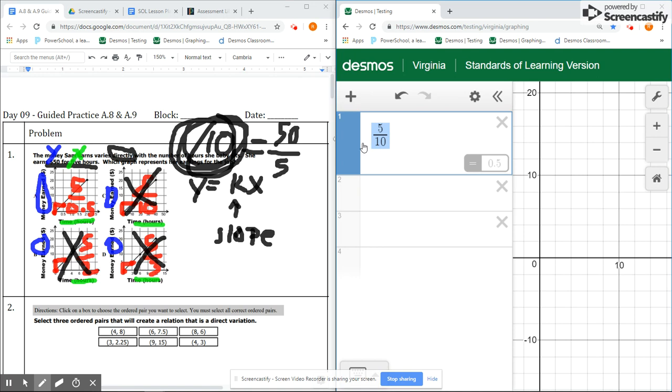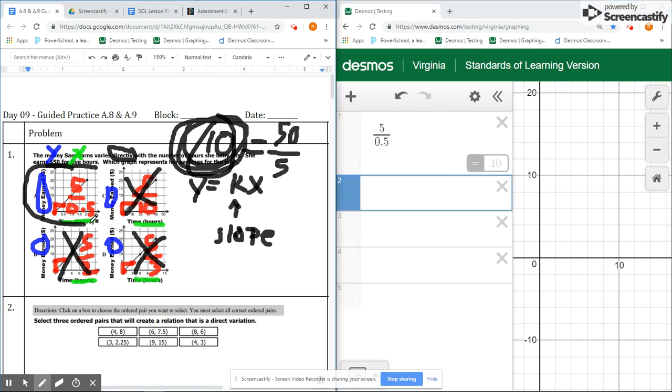We try letter A, I hope it works. 5 divided by 0.5 is 10. This is the same slope as Sam's earnings. Okay, so direct variation, just need to remember y equals kx to remember the slope, and we need to find which slope from the graph is the same slope as how much money Sam earned for 5 hours. Okay.